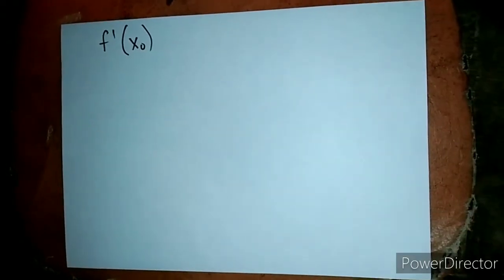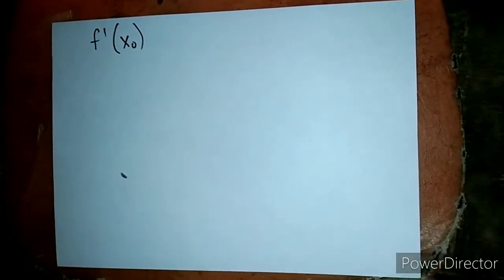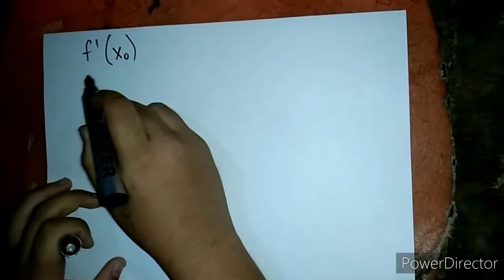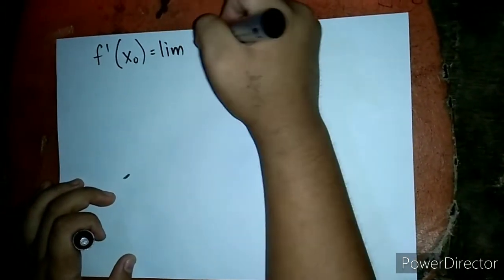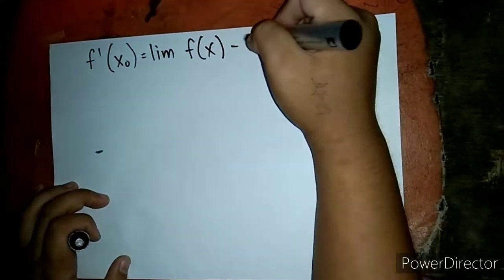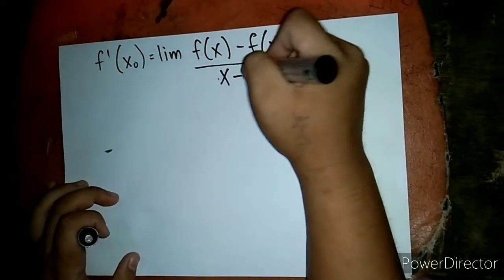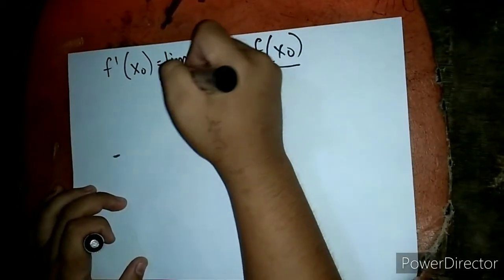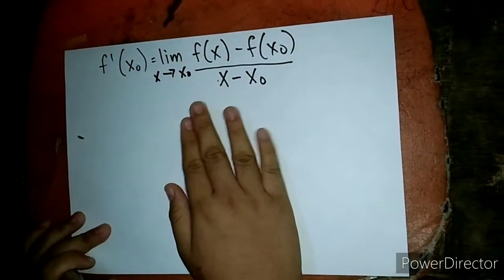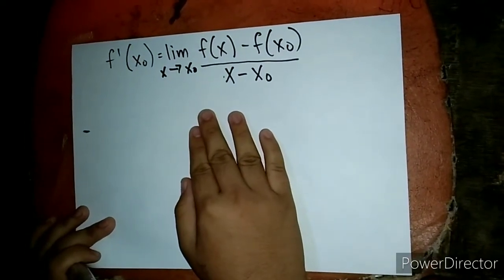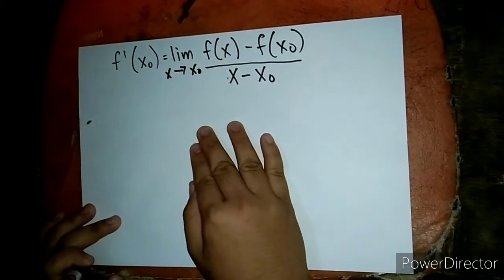Ang formula na ating gagamitin sa pagkuha ng derivative ng isang function ay f prime of x sub 0 is equals to the limit of f of x minus f of x sub 0 over x minus x sub 0 as x approaches x sub 0. Itong formula na to ay similar sa slope of the tangent line. Kaya nga di ba, ang derivative ay find the slope of the tangent line.